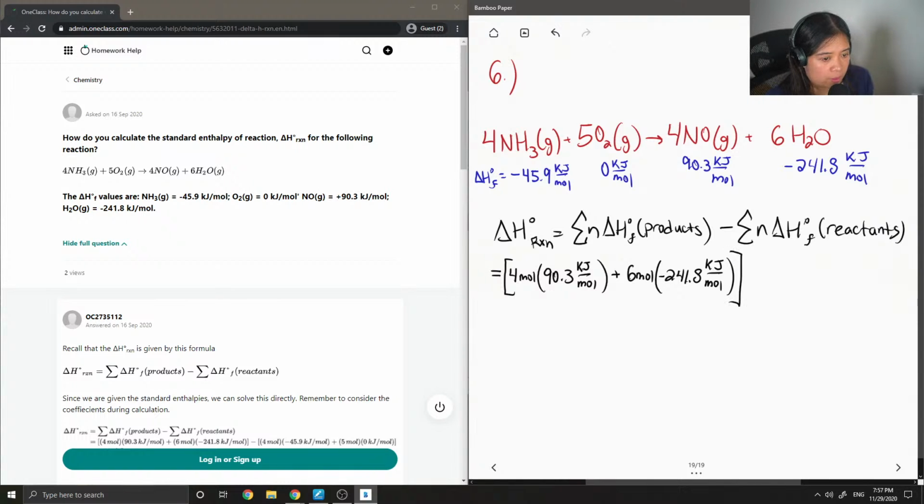So these are all of our products, and then I'm going to minus the sum of the delta H of formation for all of our reactants. So our reactants is the 4 moles of the NH3. So its value is negative 45.9 kilojoules per mole.